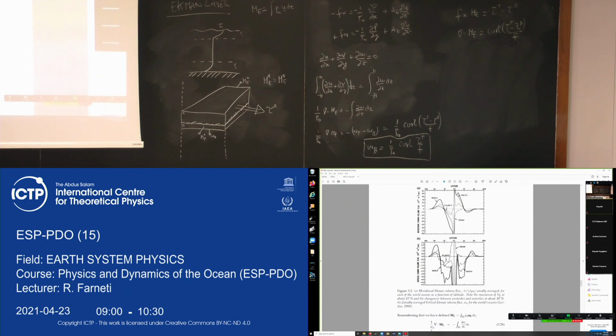Okay. So here, not tall enough. Here you have transport to the north, transport to the south. There is convergence. There will be a vertical velocity at the base of the Ekman layer. So if there's convergence, there's going to be pumping of water. So W is negative, you see here.